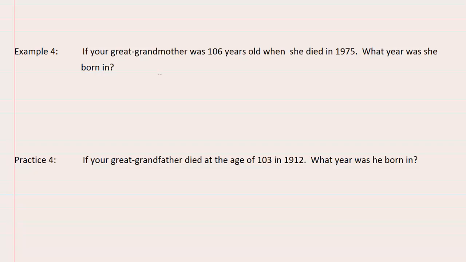So we have when you're born plus your age gives you the year you die. So born plus age gives year of death. So let's see what pieces we know.